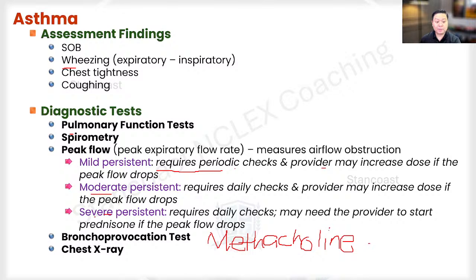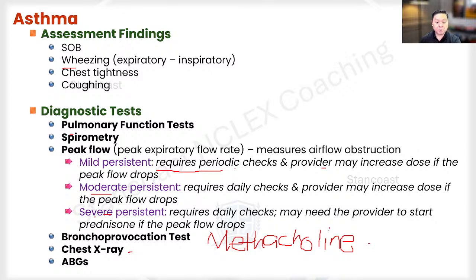Maybe the patient has some kind of pneumonia, or it could be pneumothorax, or a foreign body, or pneumomediastinum. So the chest X-ray will really help in determining if this is merely asthma or other problems, maybe the pneumonia that I mentioned, or the pneumothorax because of the presence of air.